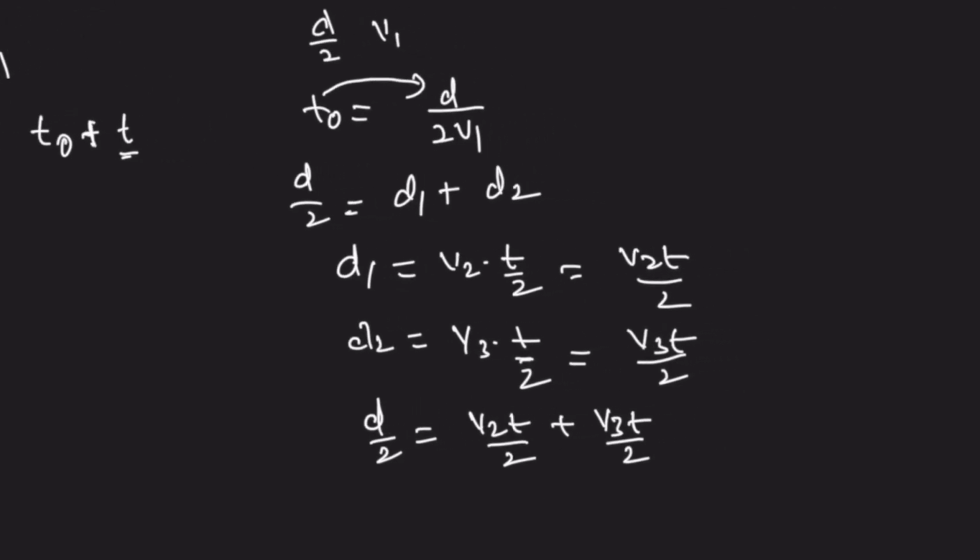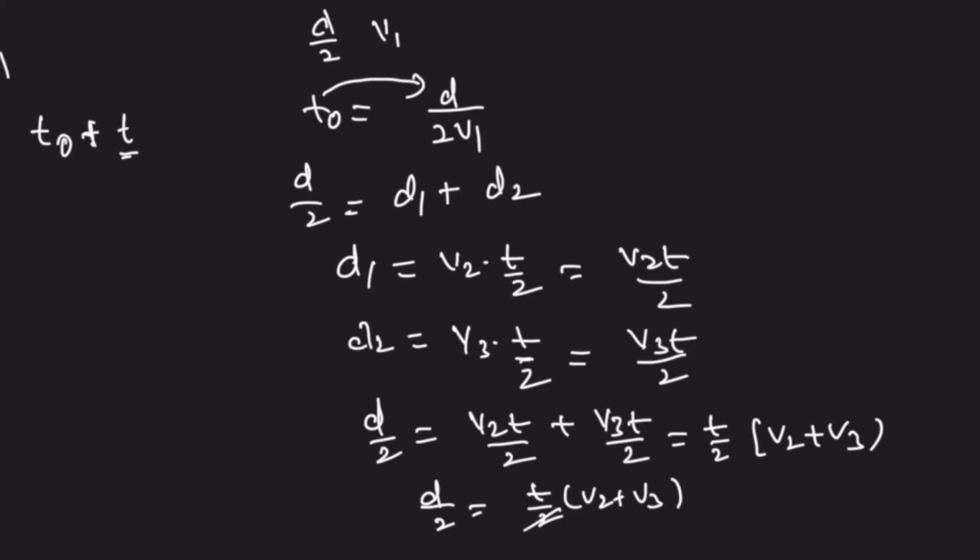If you take t by 2 common, then we get v2 plus v3. So d by 2 is equal to t by 2 into v2 plus v3. The 2 cancels, then we get d is equal to t into v2 plus v3.